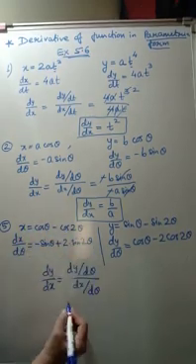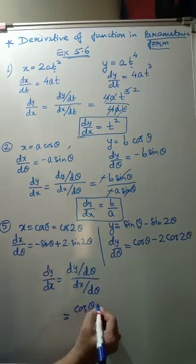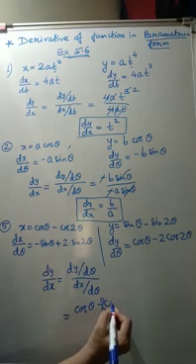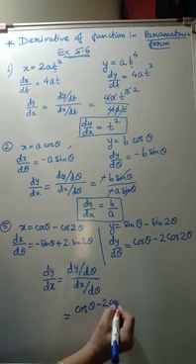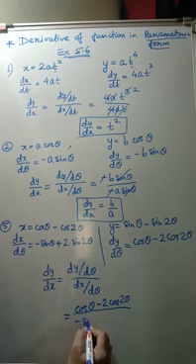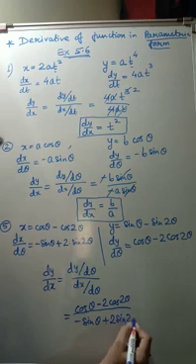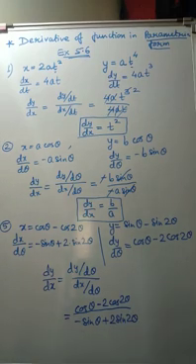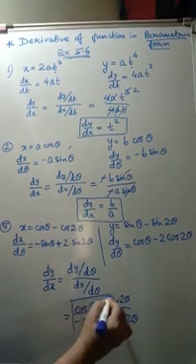You can do it this way directly. dy by d theta is cos theta minus cos 2 theta, and this is minus sin theta plus 2 sin 2 theta. No need to do further calculations taking minus common in this way. So this is your answer.